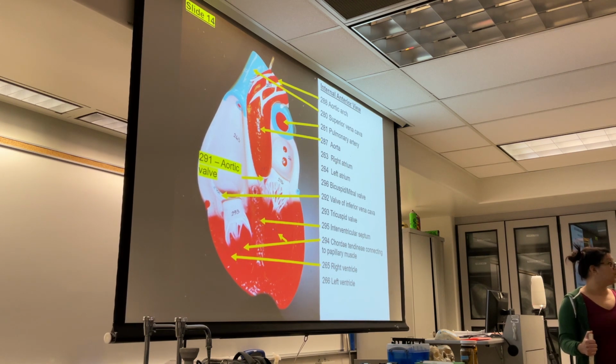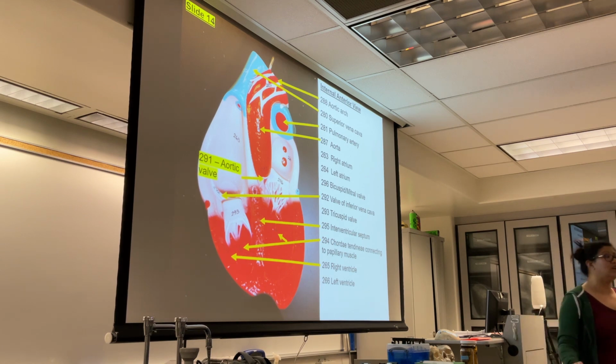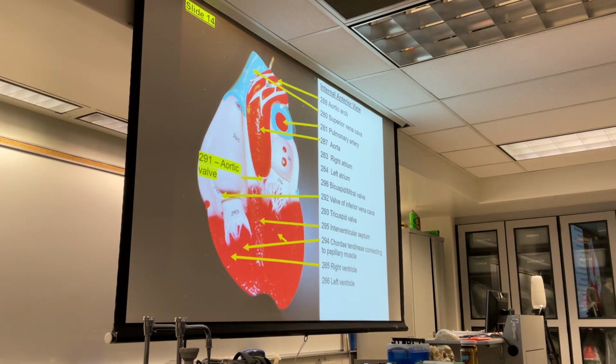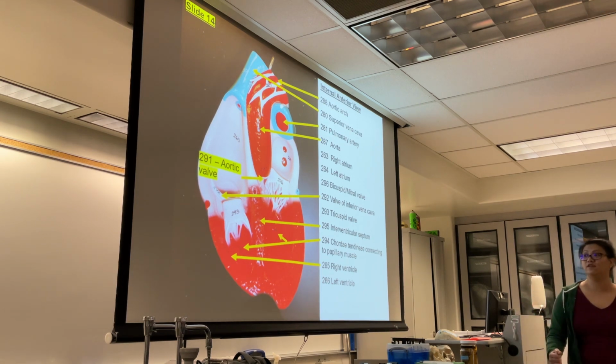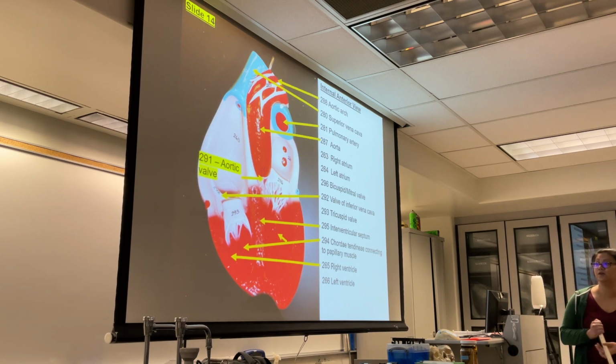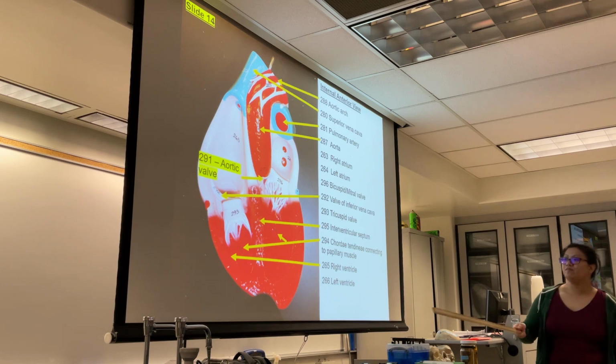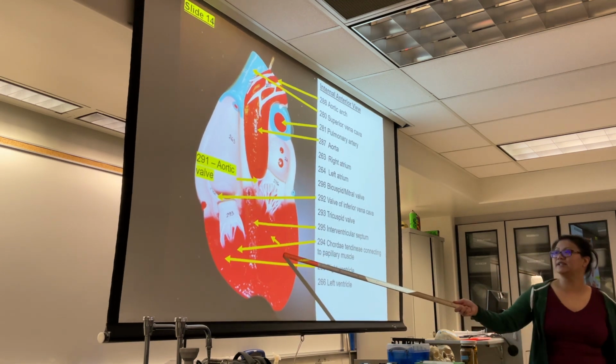You're going to call it the pulmonary SL valve if it's on the right side of the heart, between the right ventricle and the pulmonary artery. You're going to call it the aortic semilunar valve if it's in between the left ventricle and the aorta. Everybody here clear on this? Yes? Okay. Here's the right ventricle, here's the left one.